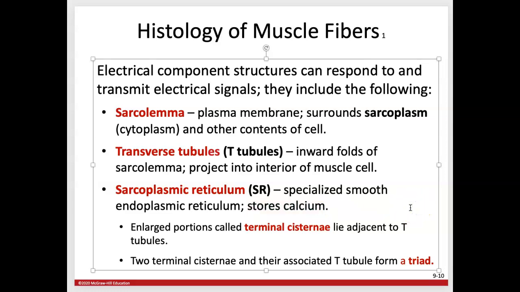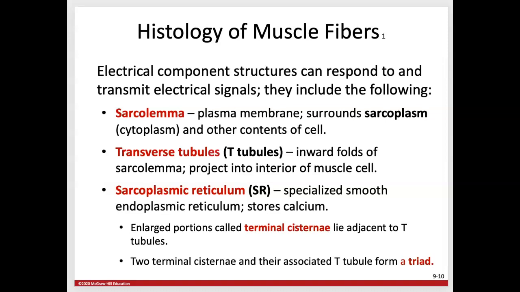Enlarged portions of the sarcoplasmic reticulum are called terminal cisternae, and they lie adjacent to the T-tubules, kind of on either side. The two terminal cisternae and their associated T-tubule form what is called a triad.